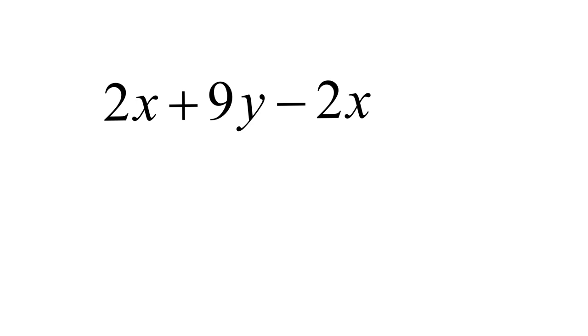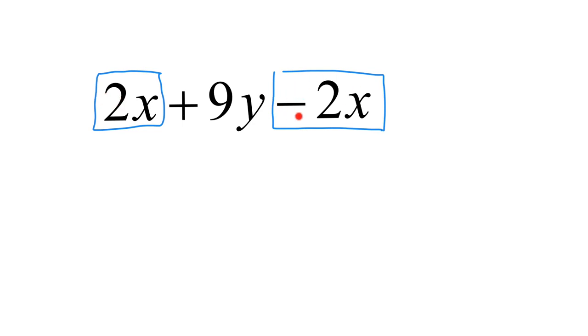So I'm going to use different shapes to show you like terms. I'm going to use a square first. So this is a blue square for the 2x. And I do have another coefficient, the minus 2 with an x. So I'm going to use another box here to show you guys that those two are like terms. And notice what I did right now. This 2 is positive. We do have an invisible plus. Over here, we have a negative. So this is a minus 2x.